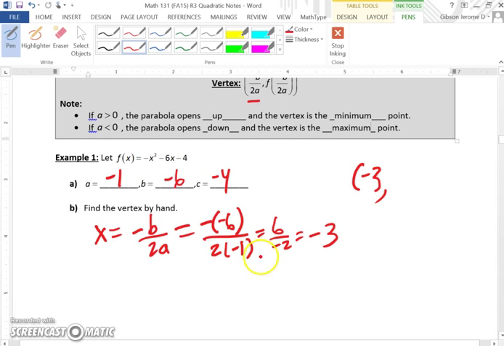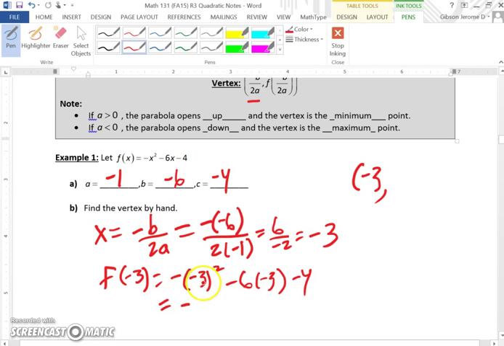Now we want to find the y value. To find the y value, we just need to substitute in negative 3 for x in the given equation. So we have f of negative 3 is equal to the opposite of negative 3 squared minus 6 times negative 3 minus 4. Negative 3 in parentheses squared will give us positive 9, so this will end up being negative 9.